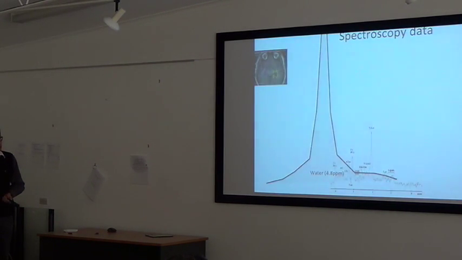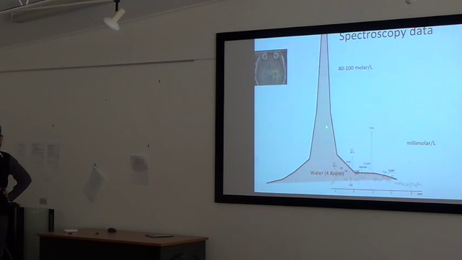So, data processing. What does the signal really look like? It looks like that. This big one is actually the water, because the water is hundreds of millions of times more concentrated than the metabolites in the brain tissue.